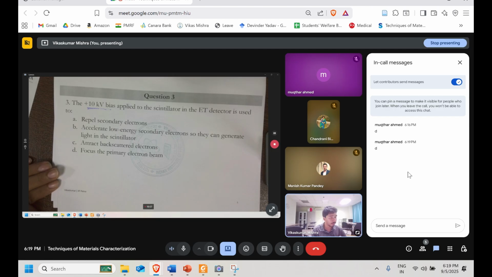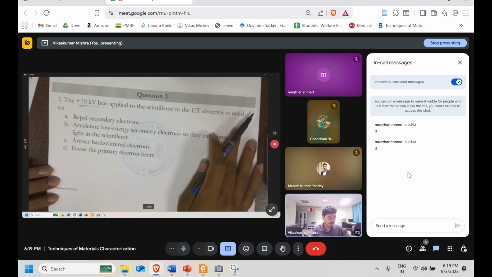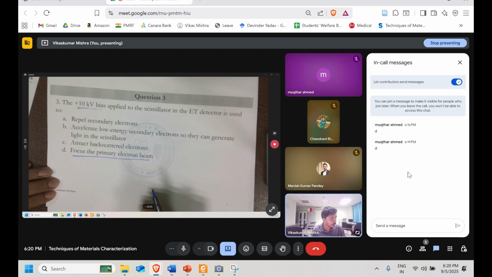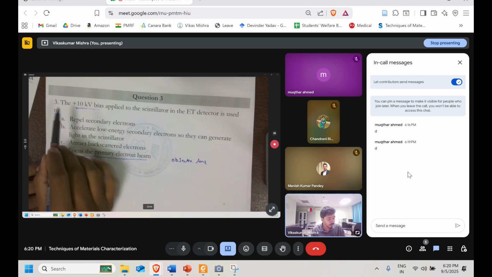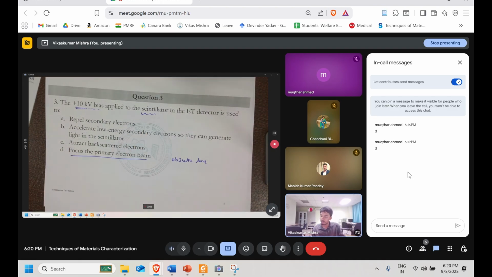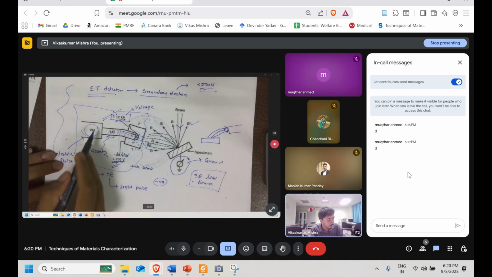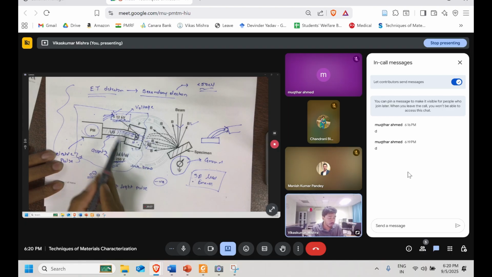Focus the primary electron beam. See, that much voltage to focus the primary electron beam will be done by the objective lens. Okay, the plus 10 kV applied to the scintillator. So we are talking about this part, where we are applying plus 12 kV or plus 10 kV to the scintillator.